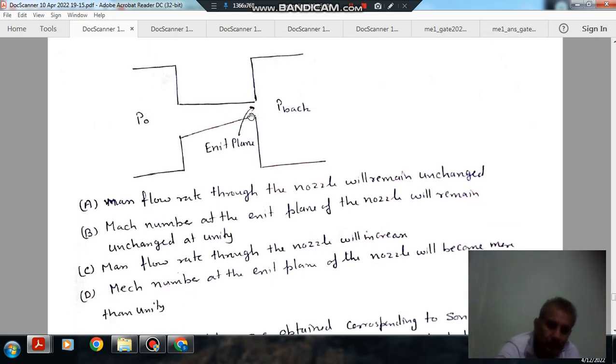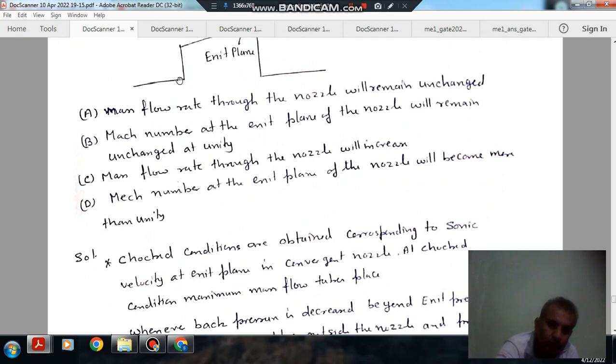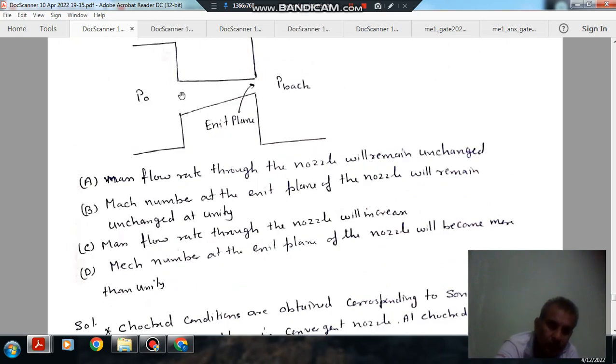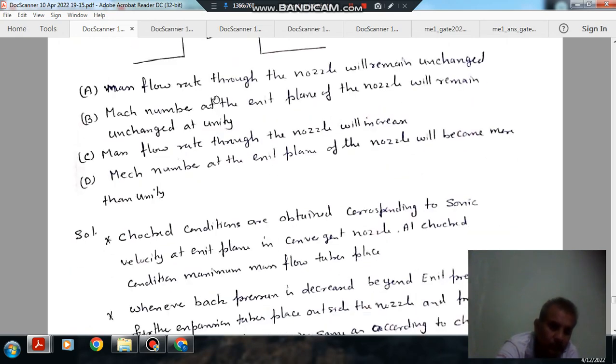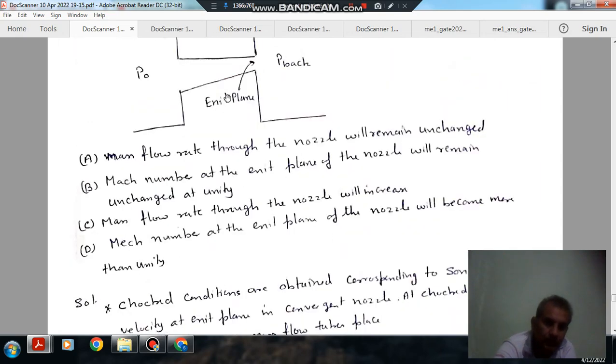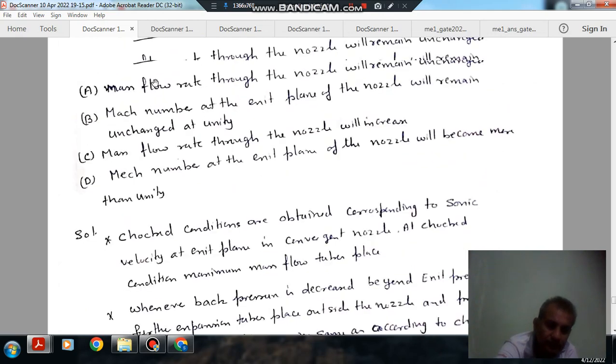Then the mass flow rate will also change according to the exit pressure, because initially the exit pressure was 3, now it is 4. According to P equals rho RT, the density will change, so the mass flow will also change, but the velocity will remain the same because it corresponds to the pressure ratio.